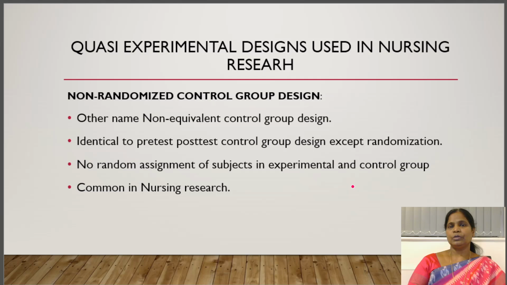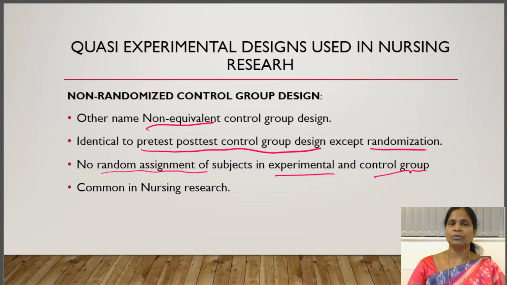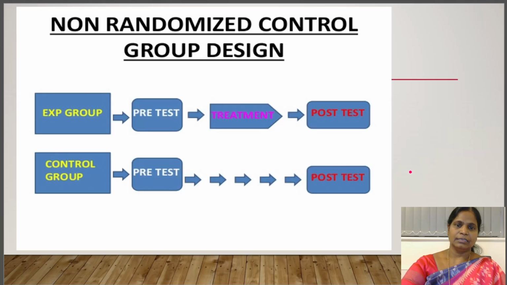Coming to the non-randomized control group design, the other name for this is non-equivalent control group design. It is identical to the pre-test post-test control group design except for randomization. There is no random assignment of subjects to the experimental as well as control group, and it is very common in nursing research. So you might have been understanding that it is similar to a true experiment, but what is missing here?